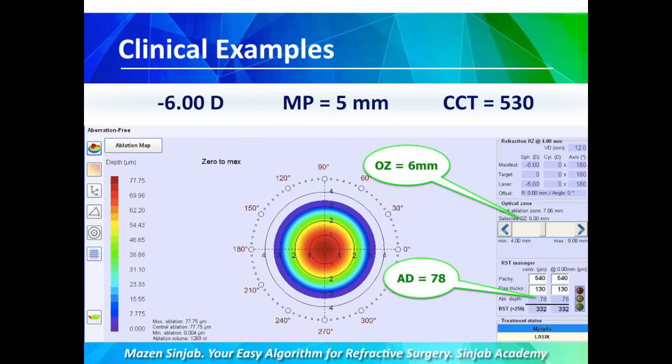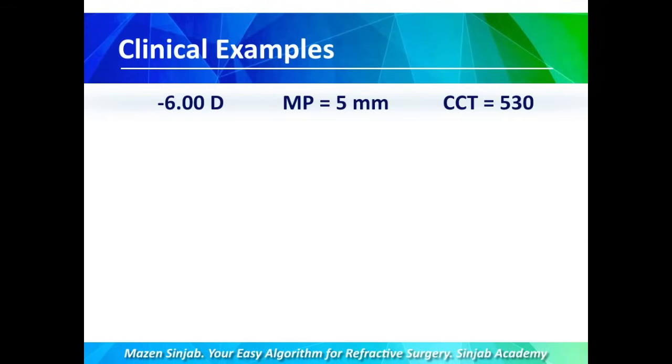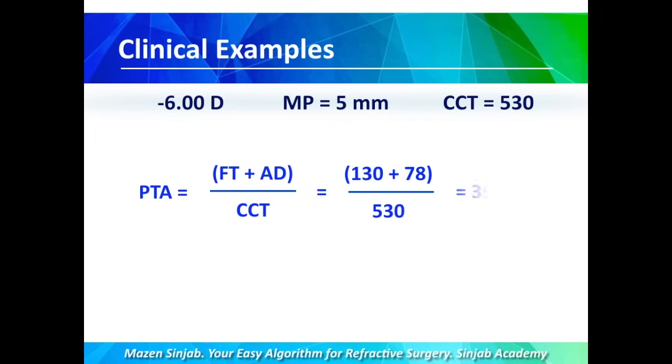LASIK. For an optical zone of 6 millimeters, the ablation depth is 78 microns, and the PTA will be 39% if the flap thickness is 130, and if we reduce the flap thickness to 100, then the PTA will be 33.5%.